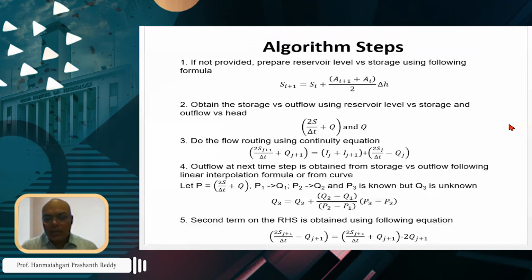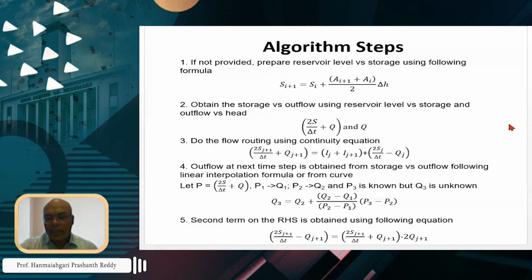So these are the steps in reservoir routing. Okay, there are only 5 steps. First, if not provided, we have to get a storage for the corresponding depth.